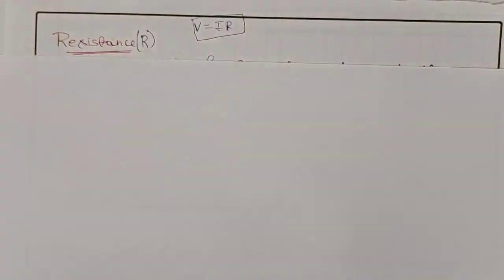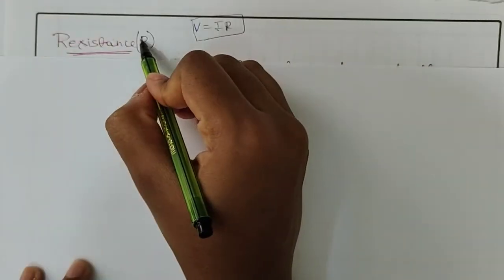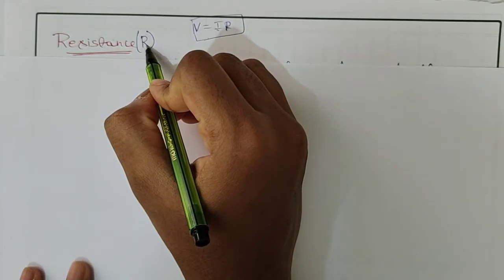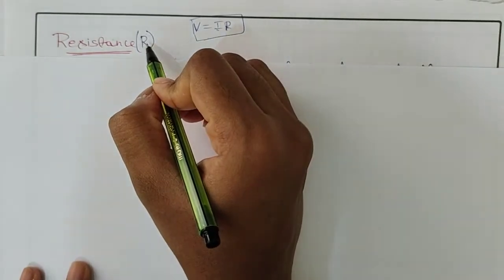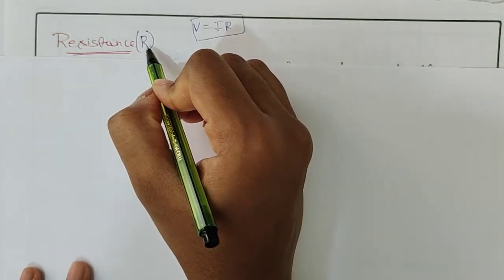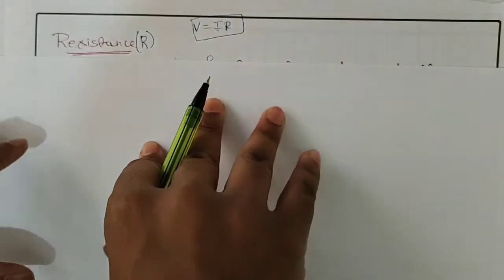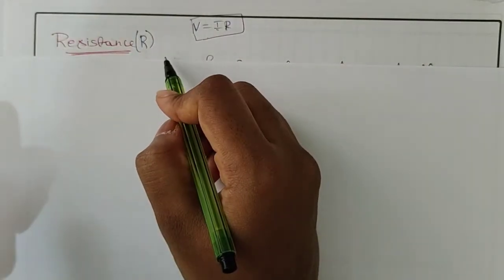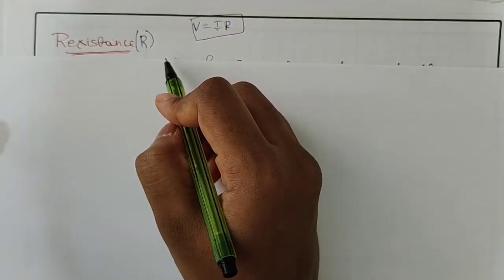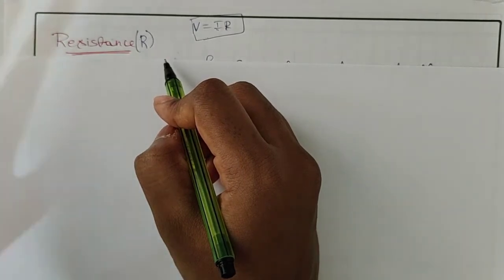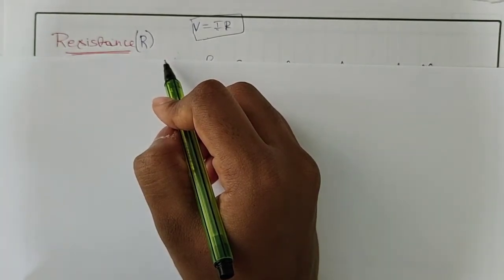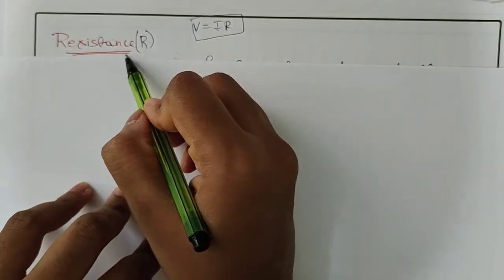Now, what is this resistance? In an electric circuit, you know that charges will flow. In other words, the flow of current will take place. Now, that flow of current will be resisted, will be controlled, by some term that is nothing but resistance.